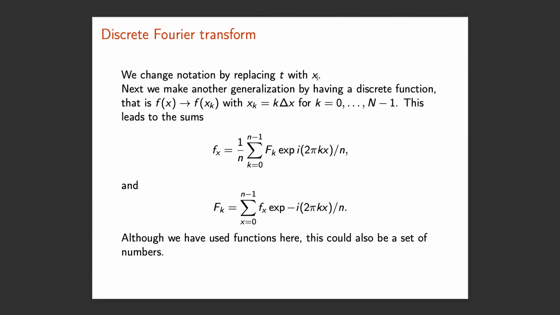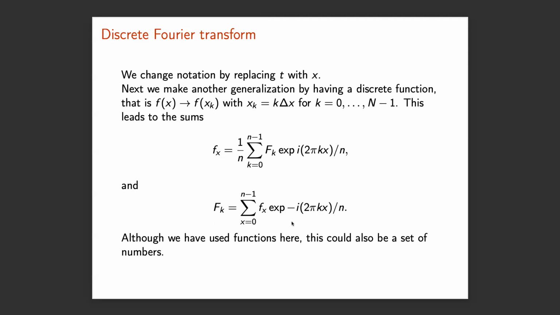I'm going to replace this t with an x. And then we are going to make another generalization by having a discrete function. That is, this f of x goes over to f of x_k. And x_k then is given by some k times delta x, where these values of k run from 0 up to a specific number. And then this leads to a sum which looks like this. And then the transform is given by this function here.